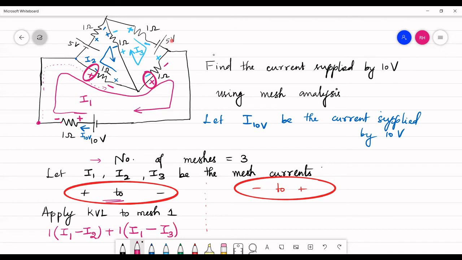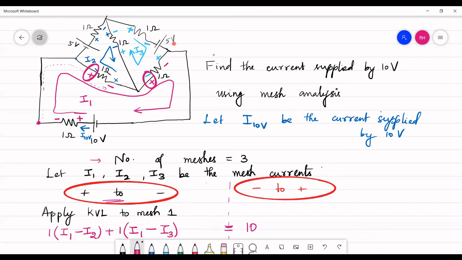And then I come back. Now I travel from minus to plus, and hence along the side of minus to plus, I write 10. Okay, so the equal to sign splits the page into two halves.